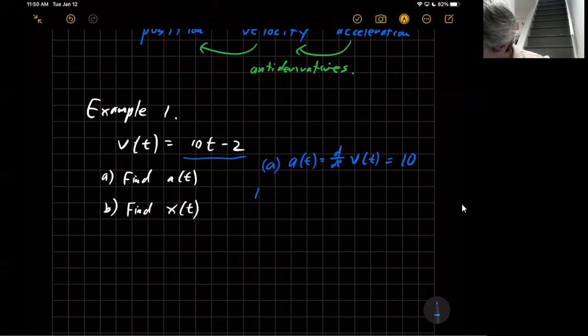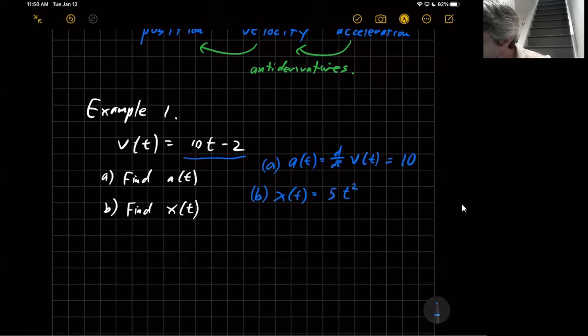Now for part B, I need to find the antiderivative of v of t. We'll have a symbol for that later, but I'm not going to introduce it now. So x of t would need to be a function whose derivative is 10t minus 2. We would clearly need a t squared.